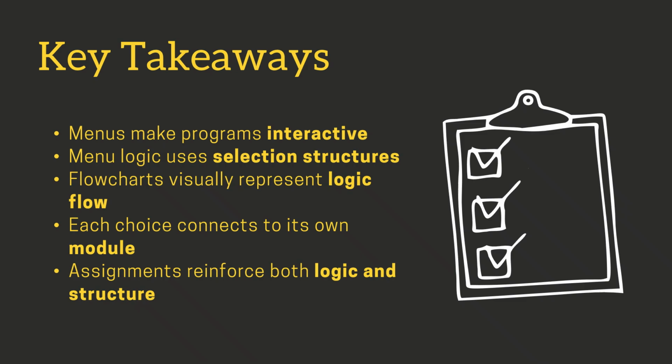Each menu option connects to its own module, and this makes the program modular and easy to maintain. Your assignment this week gives you practice in both flowcharting and pseudocode for menu systems.